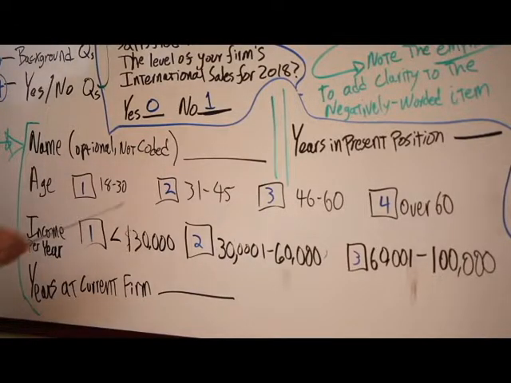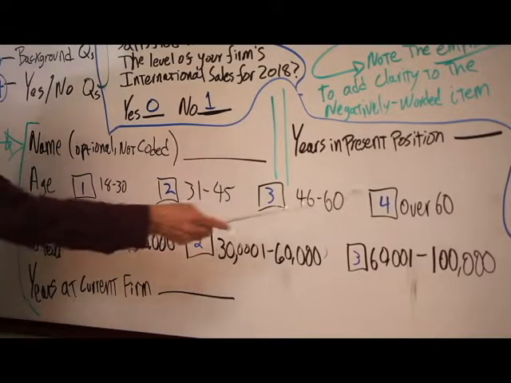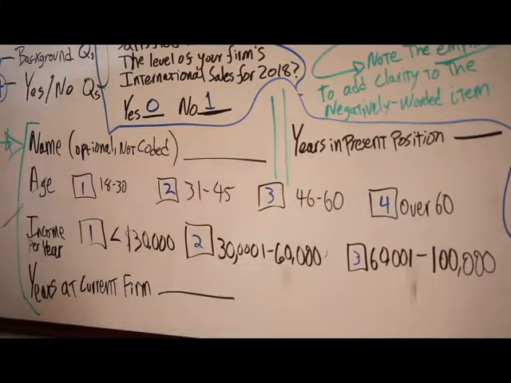So somebody might check 31 to 45 and you would generate a 2 there. So notice that 1, 2, 3, 4, as you go up in age, the coding values go up, which is exactly what you want. So this is a good way to get age information that's very useful.